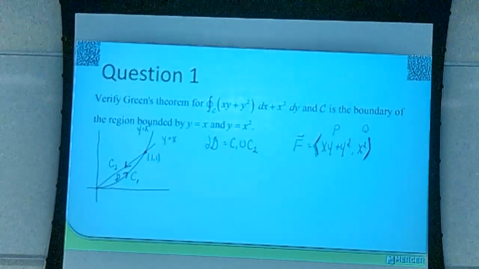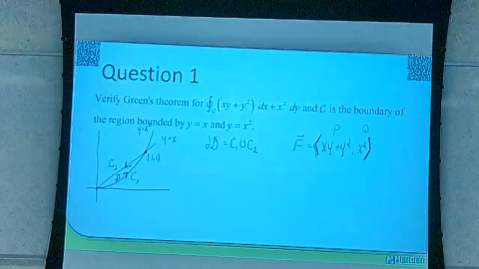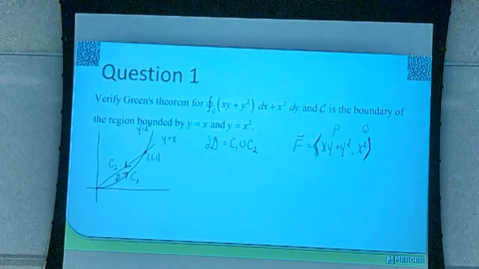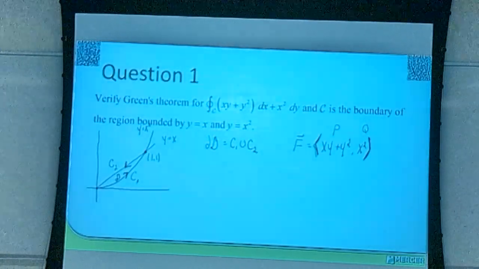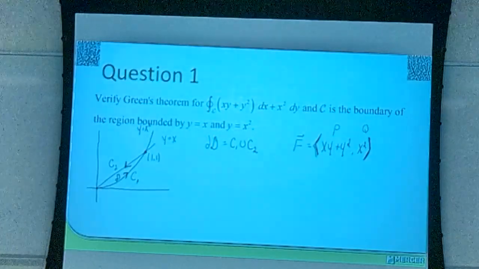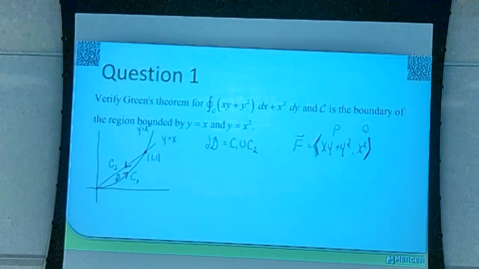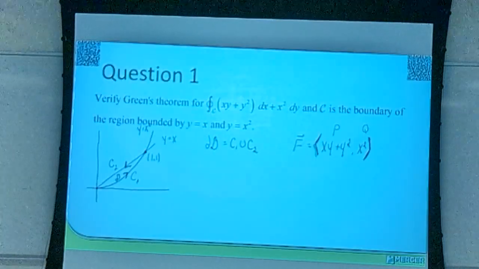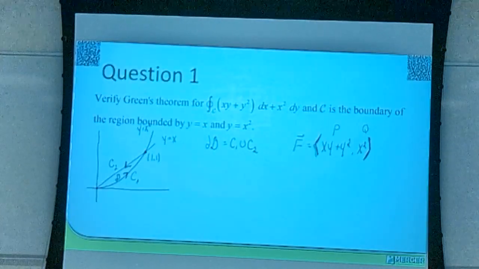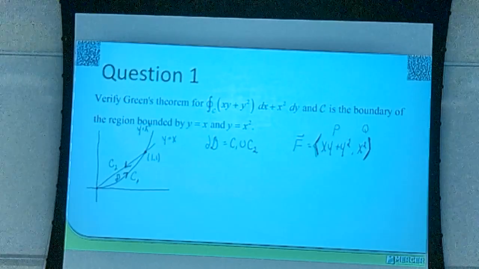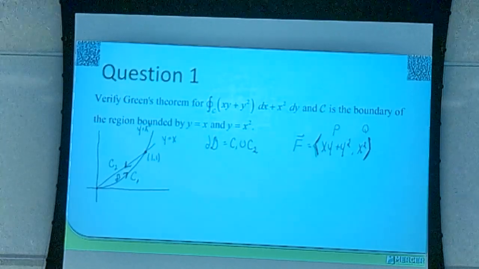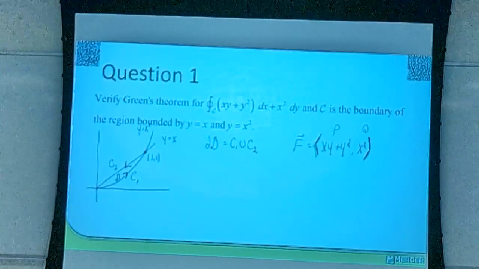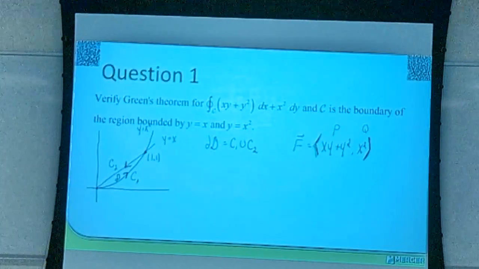What is partial p partial y? Taking it with respect to y, that's just going to be x plus 2y.